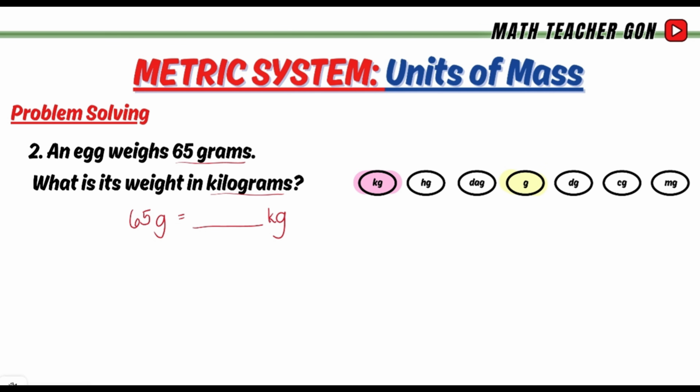So from grams, 1, 2, 3 moves to the left. So from 65, for a whole number, you have here your point, and then move 3 units to the left, 1, 2, and 3. Fill up the space, you have 0. So this is 0.065.